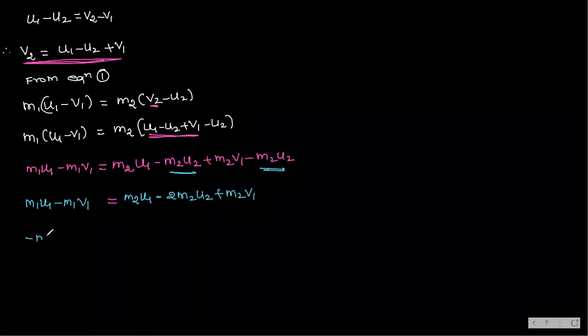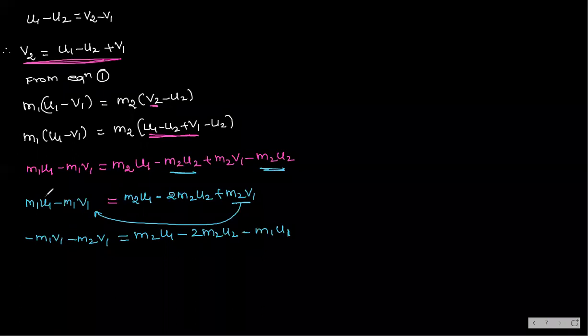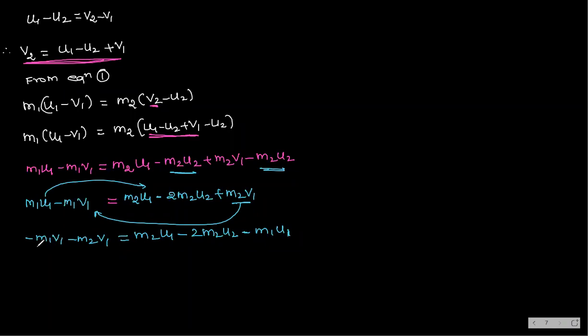So minus m1 v1 minus m2 v1 is equal to m2 u1 minus 2 m2 u2 minus m1 u1. This term I have transferred here and this term to this side, that's why this plus became minus here and this plus became minus here. Understood? Clear?